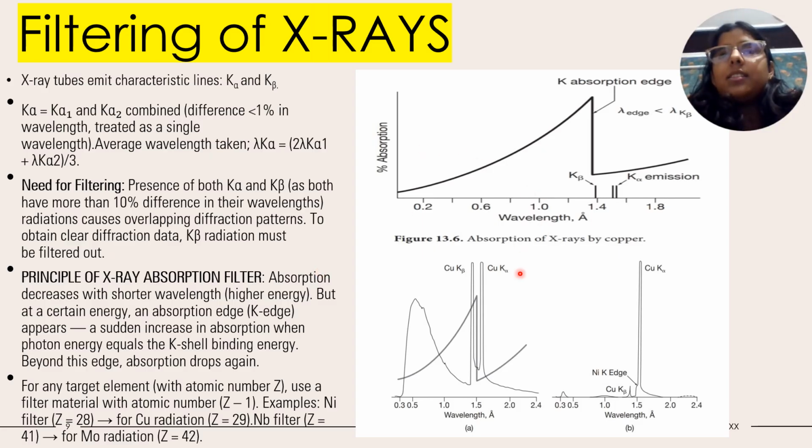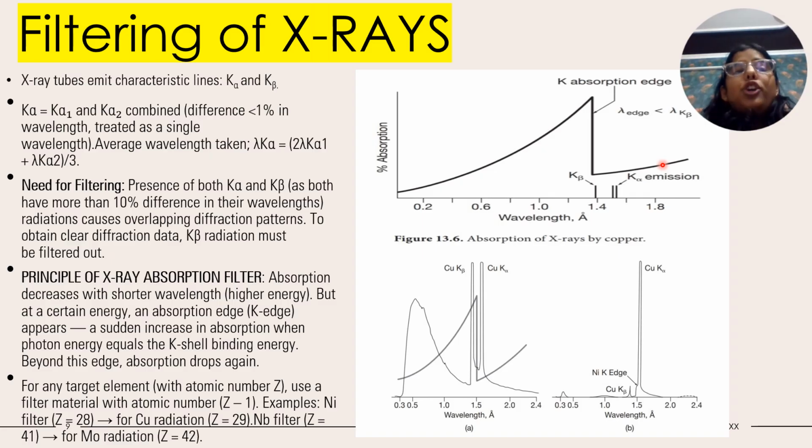As in this picture you can see, we have discussed that as the wavelength becomes shorter, the energy increases and the absorption decreases because it can penetrate more easily. Here you can see as the wavelength decreases, the absorption decreases like this. But the interesting point here is this vertical line. What is this?